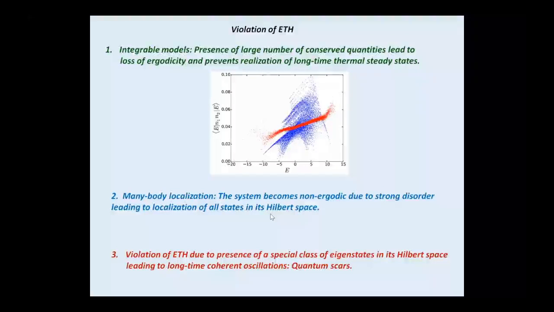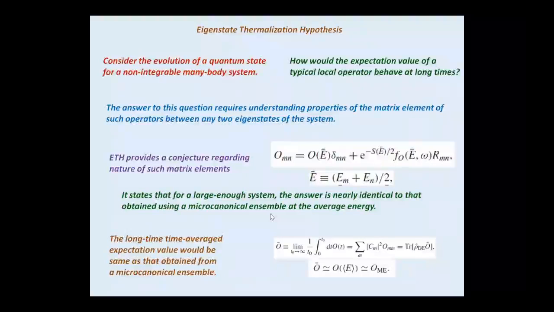What I'm going to talk about today is violation of ETH due to a special class of eigenstates in the Hilbert space of the system, which leads to long-time coherent oscillations. Now, what does this mean? If ETH holds, the long-time average of the expectation value of operators is given by a constant term.